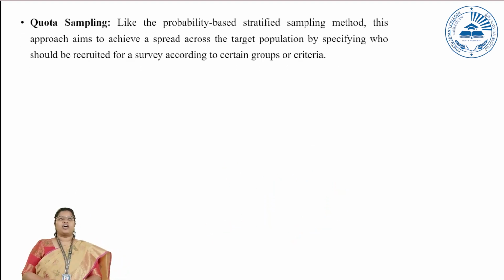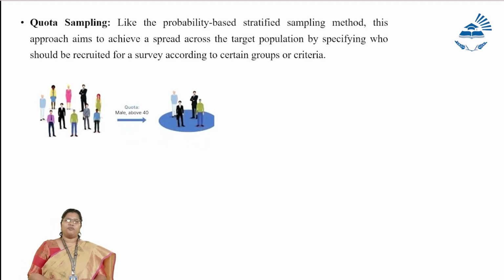The next sampling method is quota sampling. It is a probability-based stratified sampling, under which the target population is spread across a large area, and from it we select certain groups, certain criteria, and we select a sample from them.